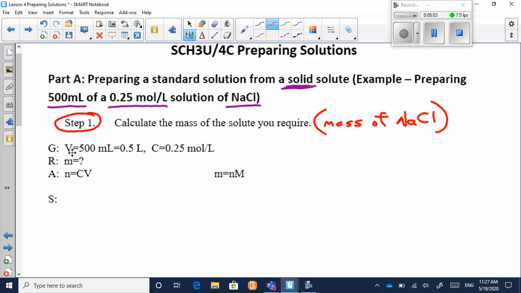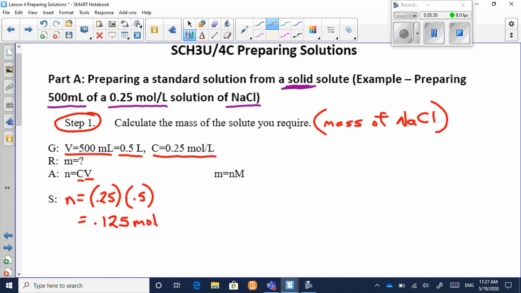Well, we've been given the volume that we want, 500 milliliters. We've converted that to liters, and we've been given the concentration of solution we want. So we're going to do the two-step process. First of all, the number of moles we need is 0.25 moles per liter, that's my C, times the volume, which is 0.5 liters, that's my V. When I do 0.25 times 0.5, I get 0.125 moles.